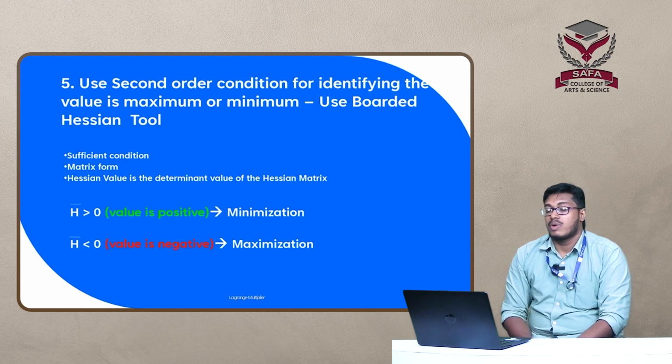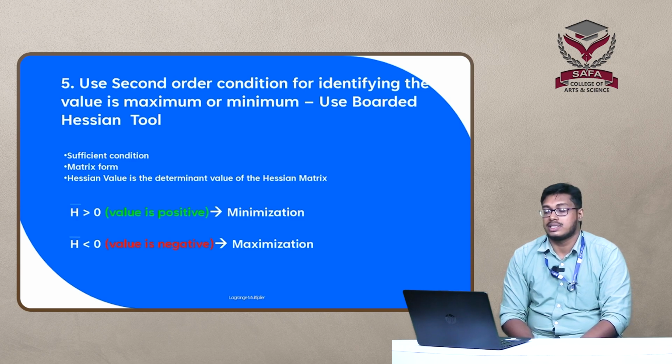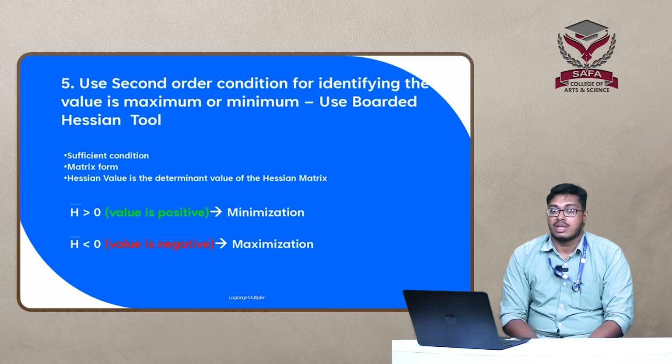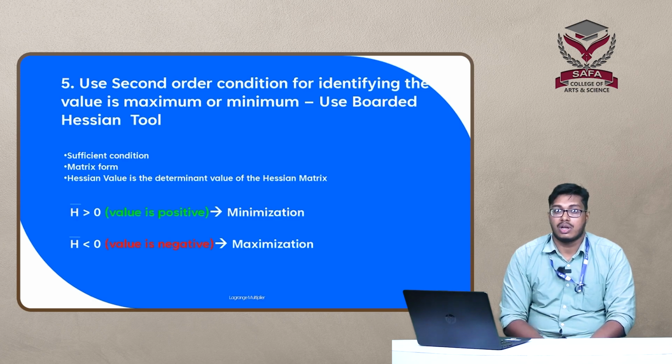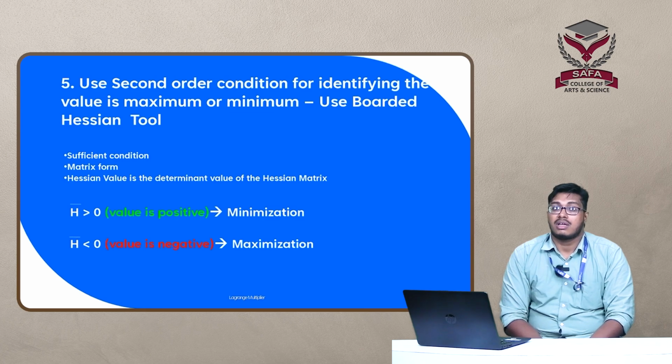When the Hessian value is greater than 0, that is positive, then there is minimization. When the Hessian value is less than 0, that means negative, then the function is maximization.